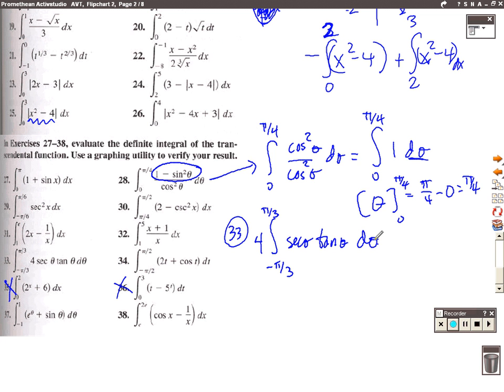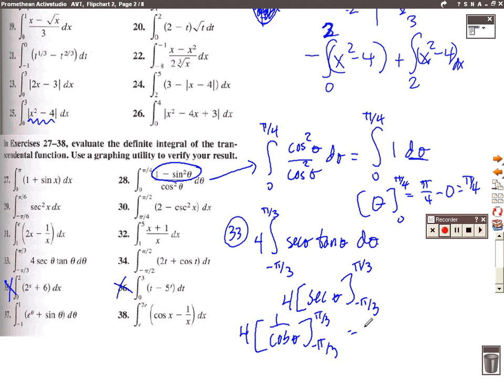And that would be secant theta from negative pi over 3 to positive pi over 3. Now, it's going to be probably easier if you think of that as 4 times 1 over cosine of theta from negative pi over 3 to pi over 3.